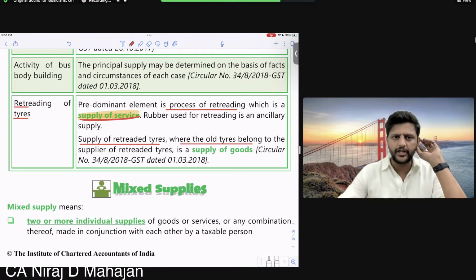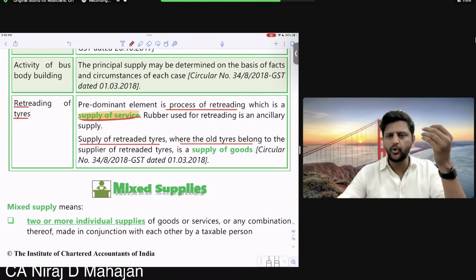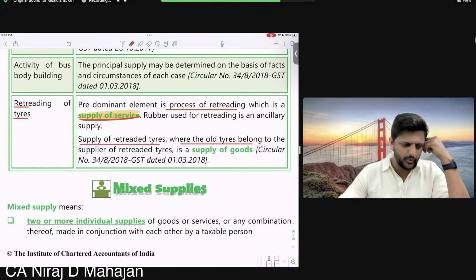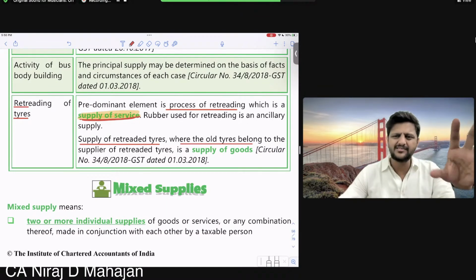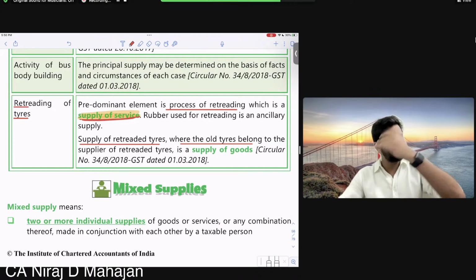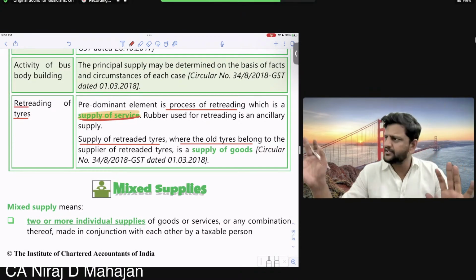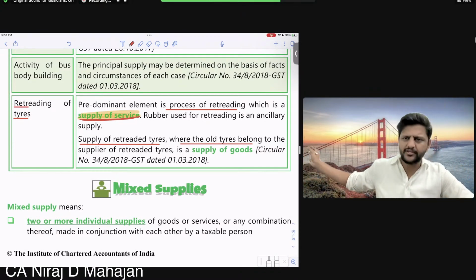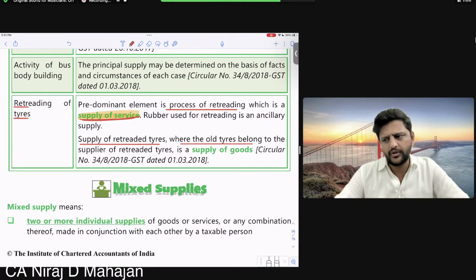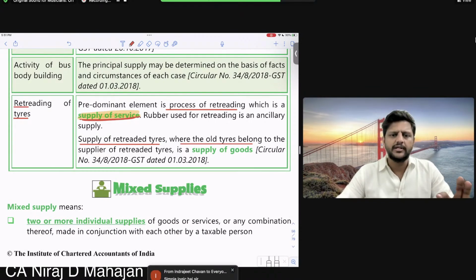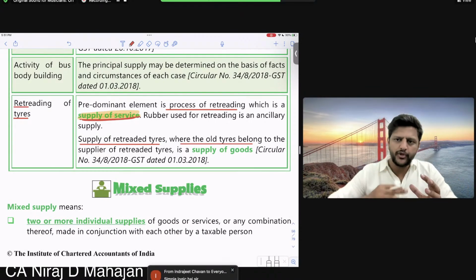Your tire has lost grip. You want to discard it or buy a new one. The person says, give me your old tire for 200, 500 rupees, whatever, and take this tire which I already have, it is also a retreaded tire. Are you getting my point? In that transaction, is he working on your tire?